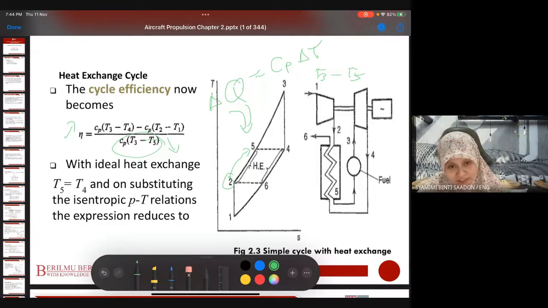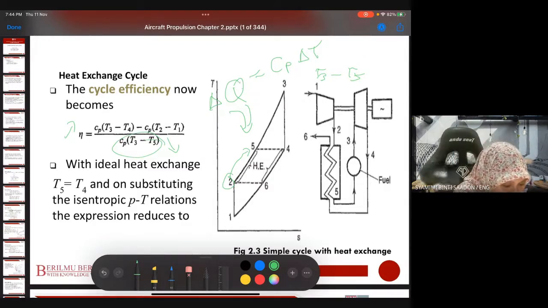With this regenerator, the concept is we reuse the heat from the hot side of the fluid and use it to regenerate for the cold side.